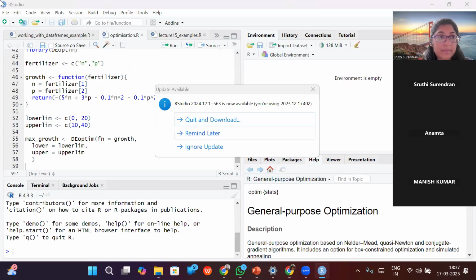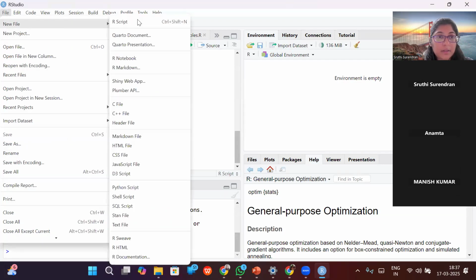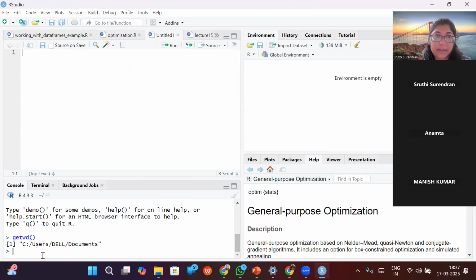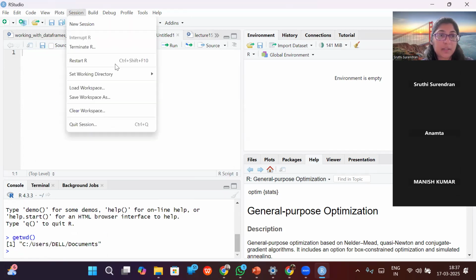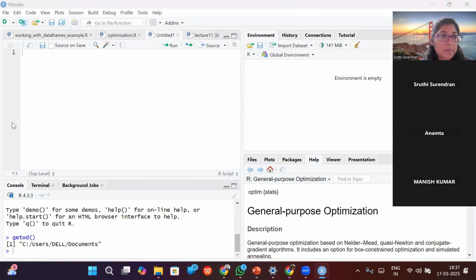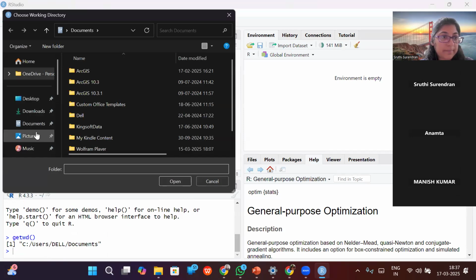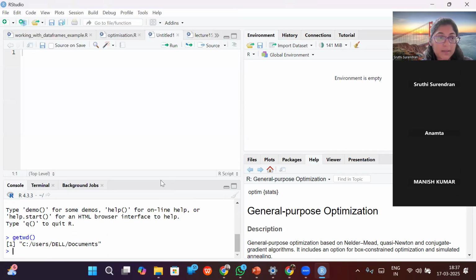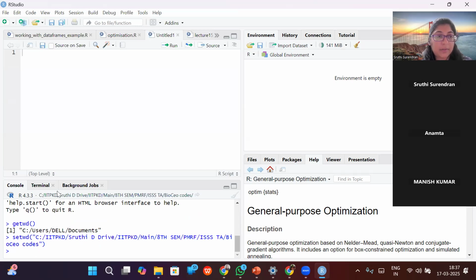And a new project. Now I want to set the working directory to my required directory, which is BioPro codes. Now my directory has been set to this.